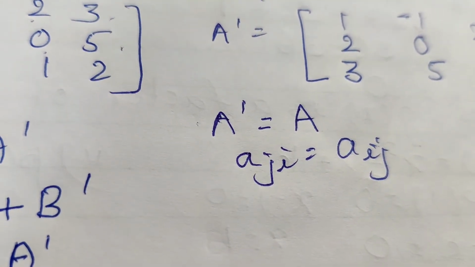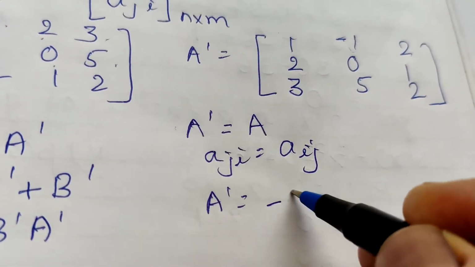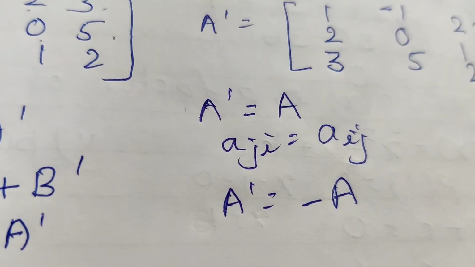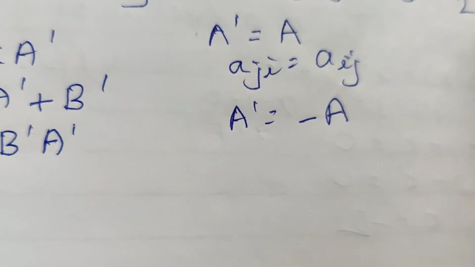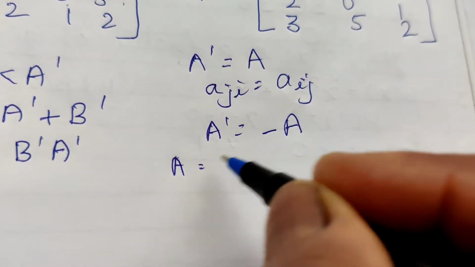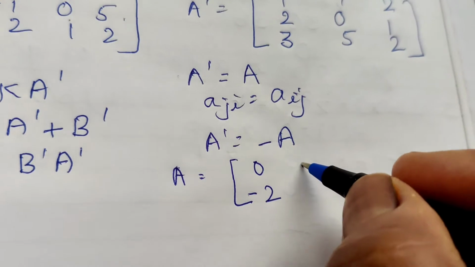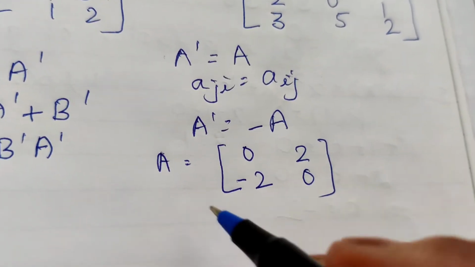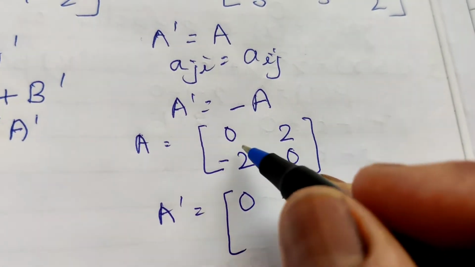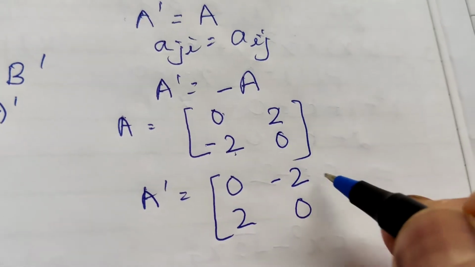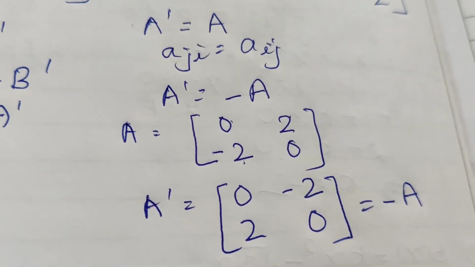And skew symmetric means the transpose of a matrix is equal to the negative of the matrix itself. For example, suppose A equals 0, -2, 2, 0. And the transpose is 0, 2, -2, 0. It is equal to -A. This is a skew symmetric matrix.